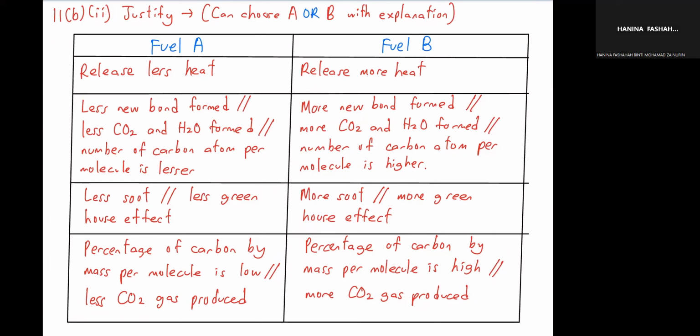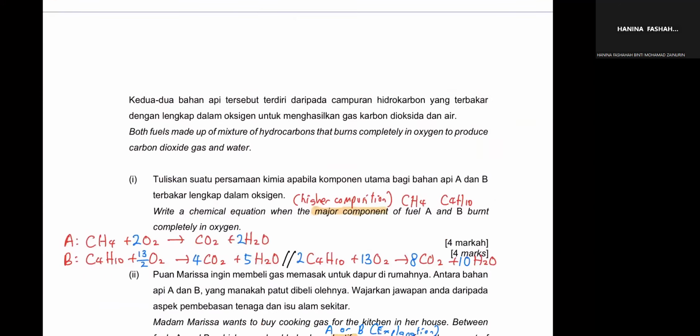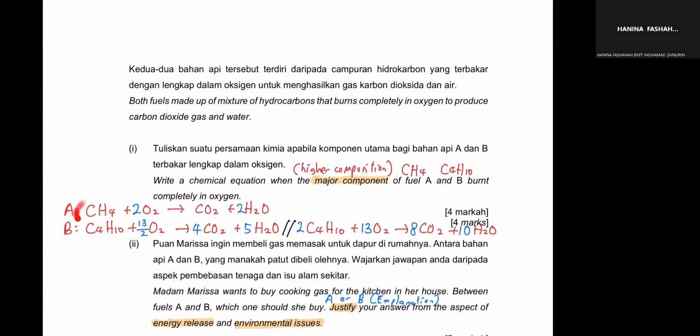The less one, you can choose either one to write. Fuel A is methane, CH4. Fuel B is butane.